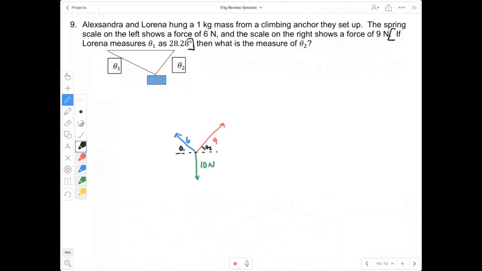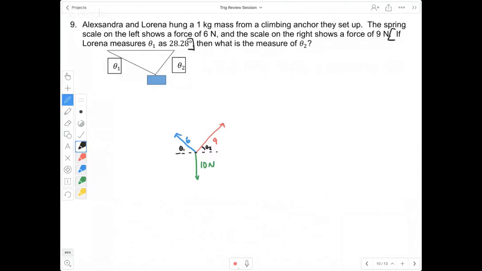And I was trying not to make you stress, so I edited it a little bit for sixth period for the level of problem that we would see on the actual test. So, like Moose is saying in the chat, fourth period has a different sheet. You should add in that I'm giving you theta 1, 28.28. And all you have to find is theta 2. Solving for both angles is a much more difficult problem.